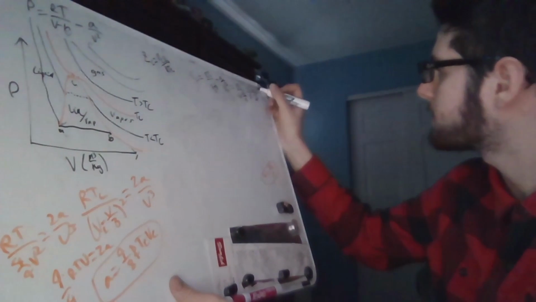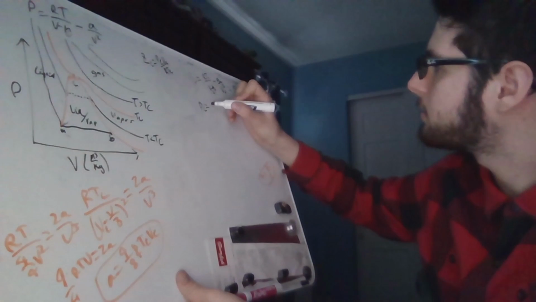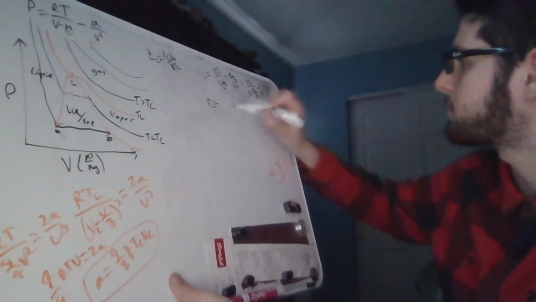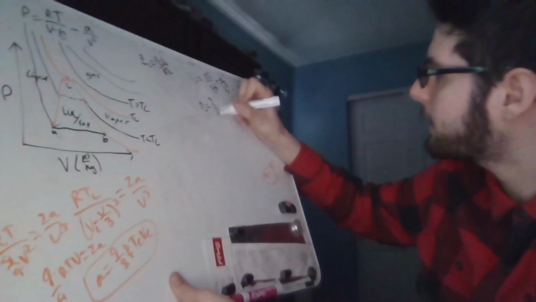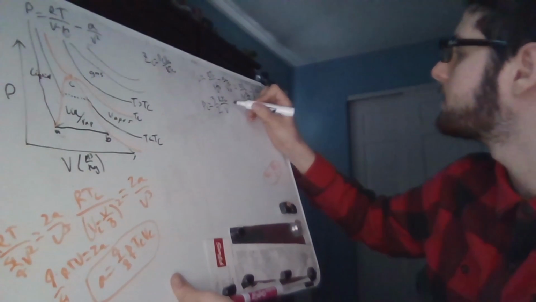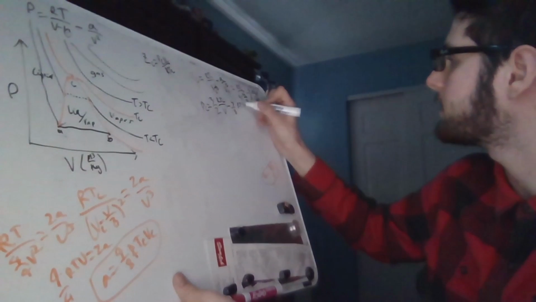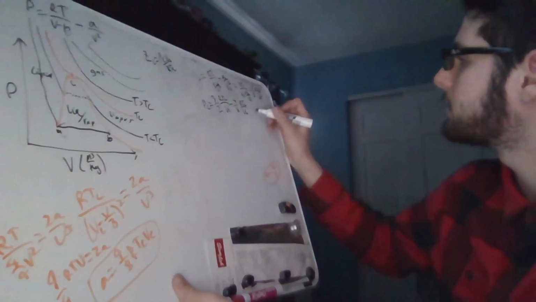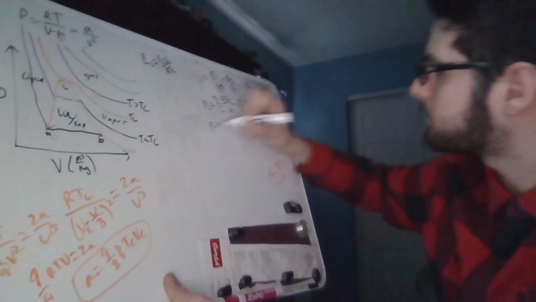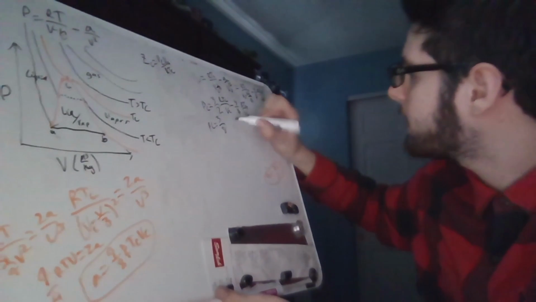The VCs cancel out. This becomes PC is equal to 3/2 RTC over VC, because this will become 2/3 VC, minus 9/8 RTC over VC. And then doing the algebra there, PC is equal to 3/8 RTC over VC.